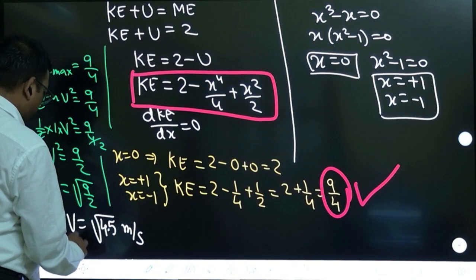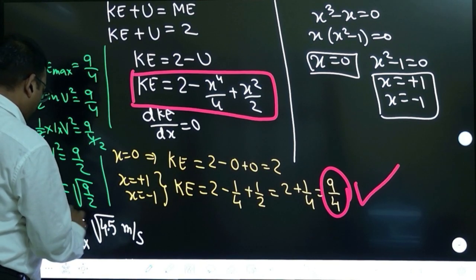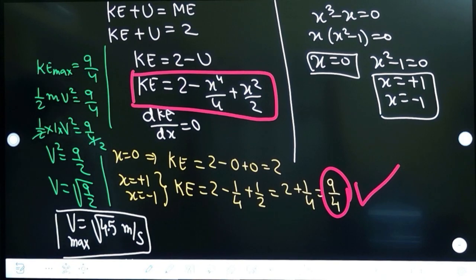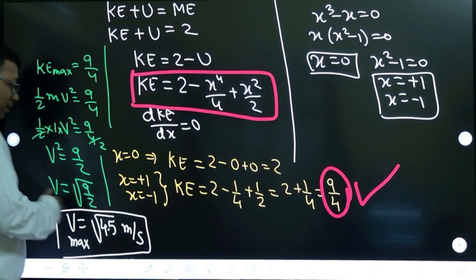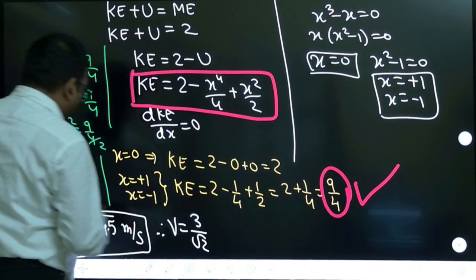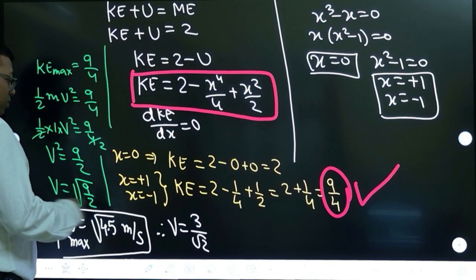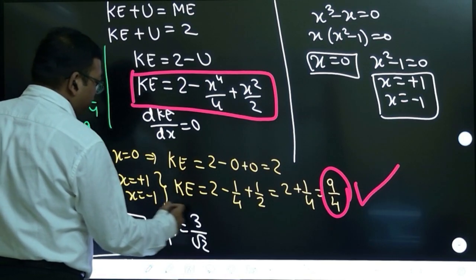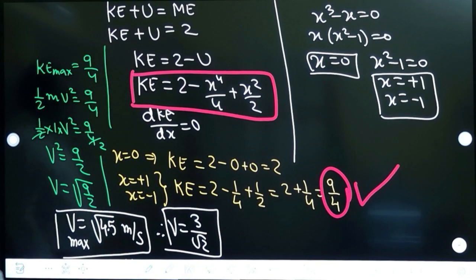That's the maximum speed. Are you clear about this? That's the correct answer, and our options are given as v equal to 3 by root 2, because root 9 is 3. So 3 by root 2 is the answer. Clear? Not very difficult.